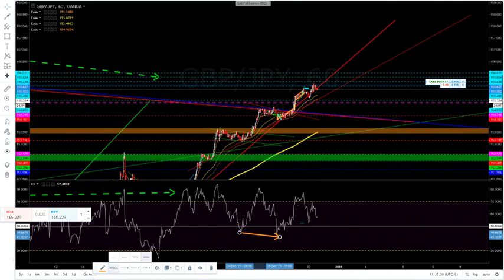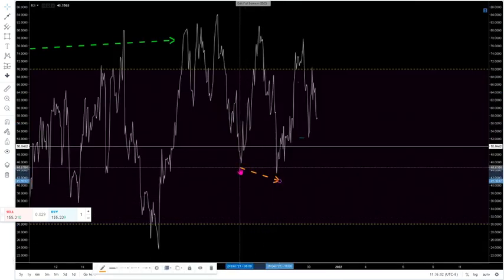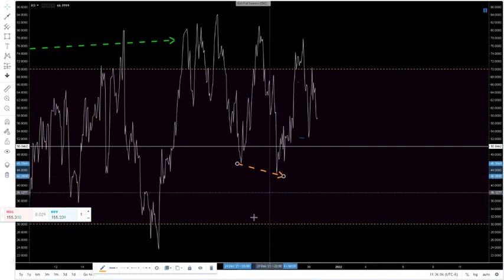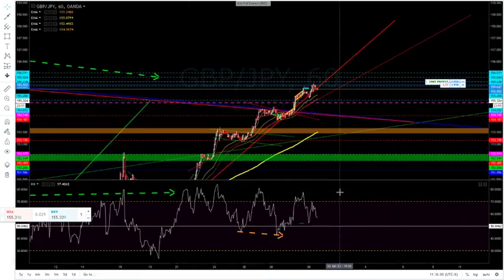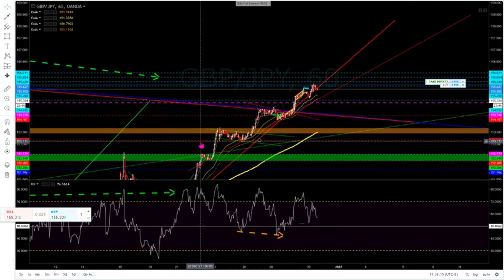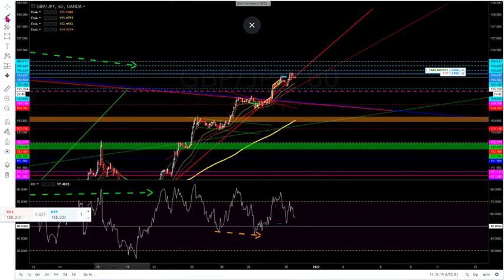Because I could easily find regular divergence, but the hidden divergence is what threw me off for a little while. All right, so let me mark this up.